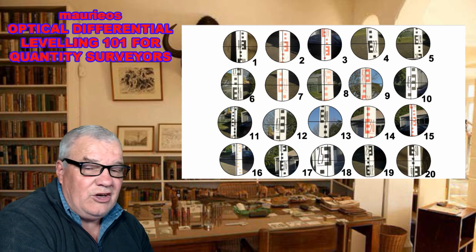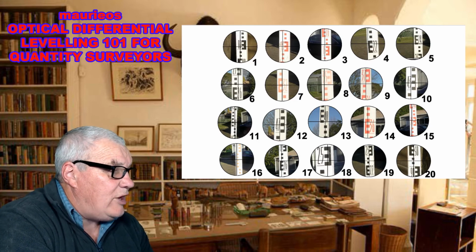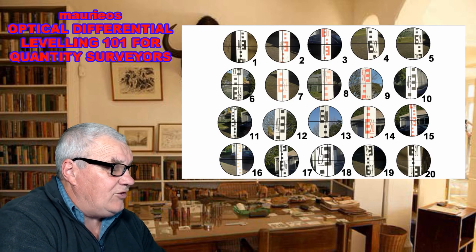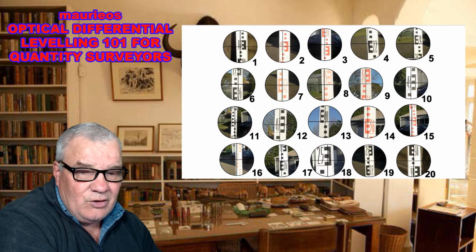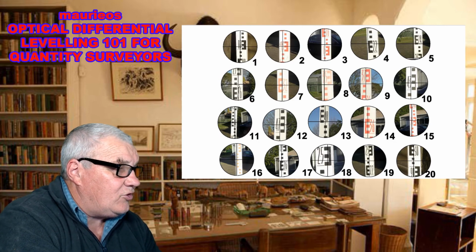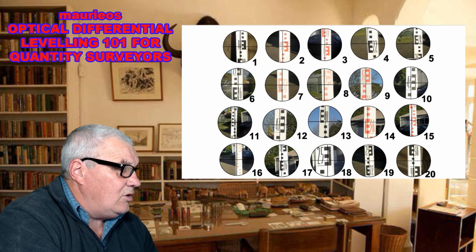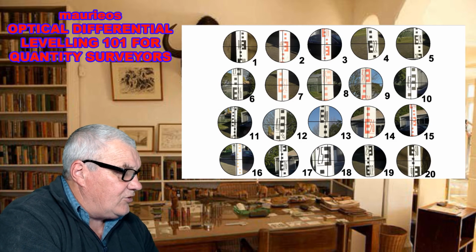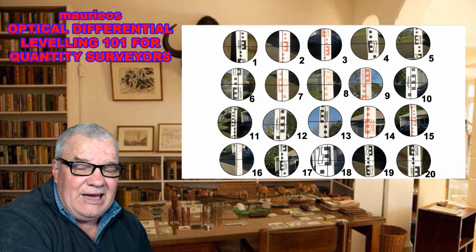Now, as I said earlier, it's always 3 decimals. So there's always a number, 2.6. If you look at this one here, 2.662, 3.226, 4.723, and you're estimating the millimeters.